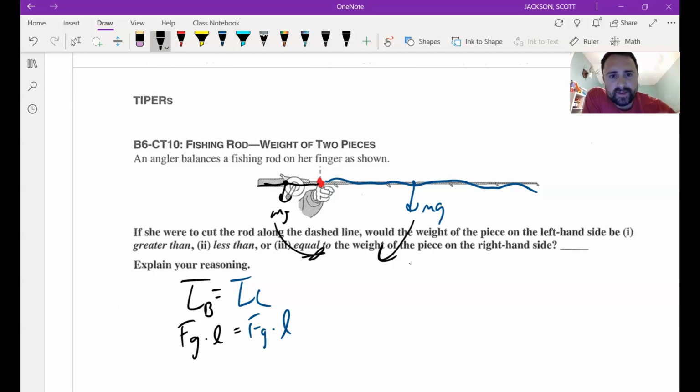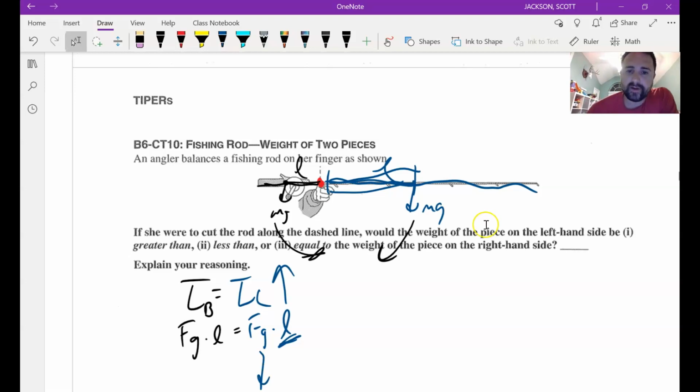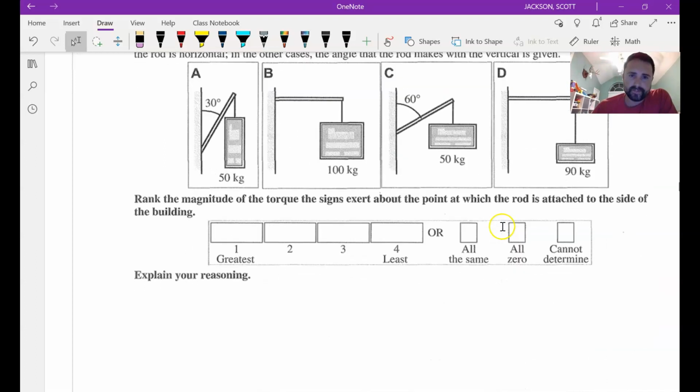And so I can see here's the lever arm on this one, and here is the lever arm on that one. So if this side has a bigger lever arm than the other side, it must have a smaller force. And so that's how you could look at that one. Since it has a bigger lever arm, it must have a smaller force to analyze it that way.